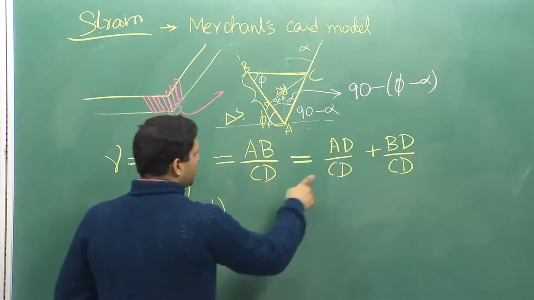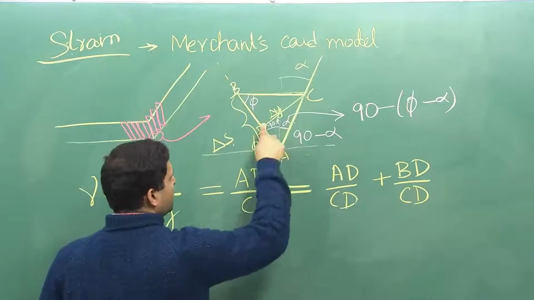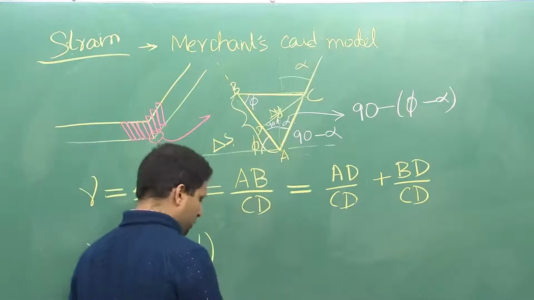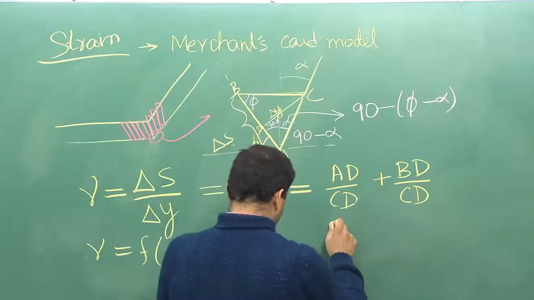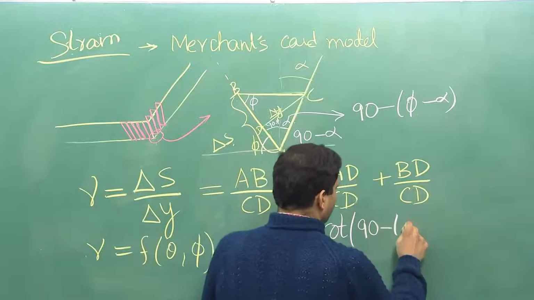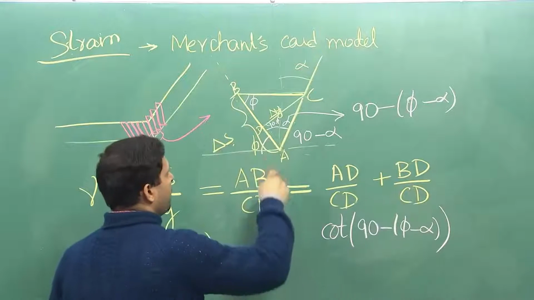And now let us look in terms of AD by CD. What is AD by CD? AD by CD is nothing but cot of this angle. So, this becomes... What is BD by CD?